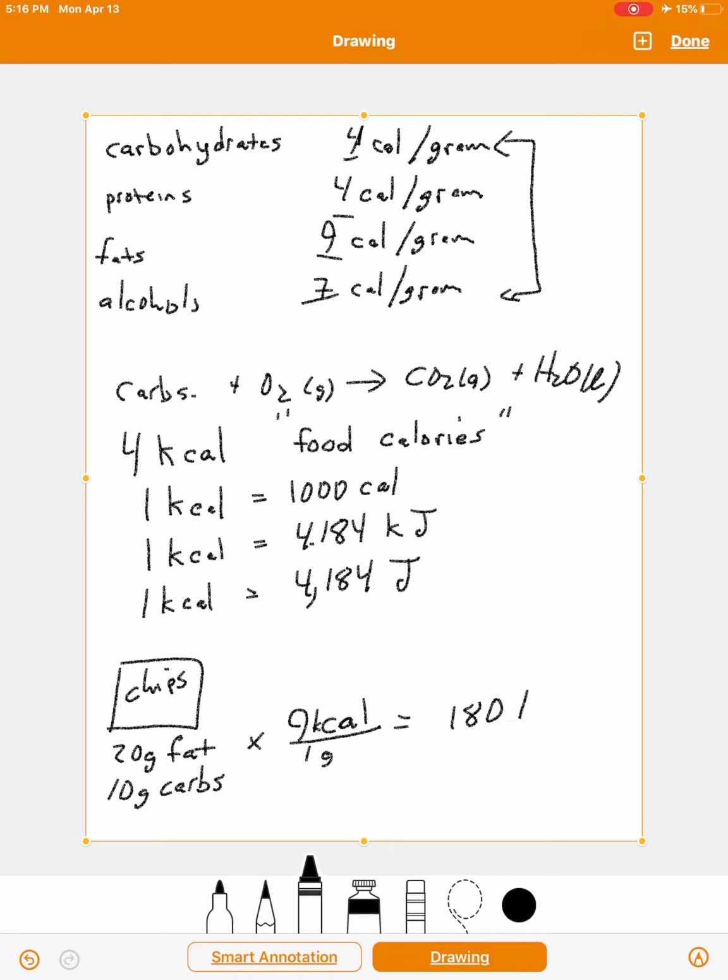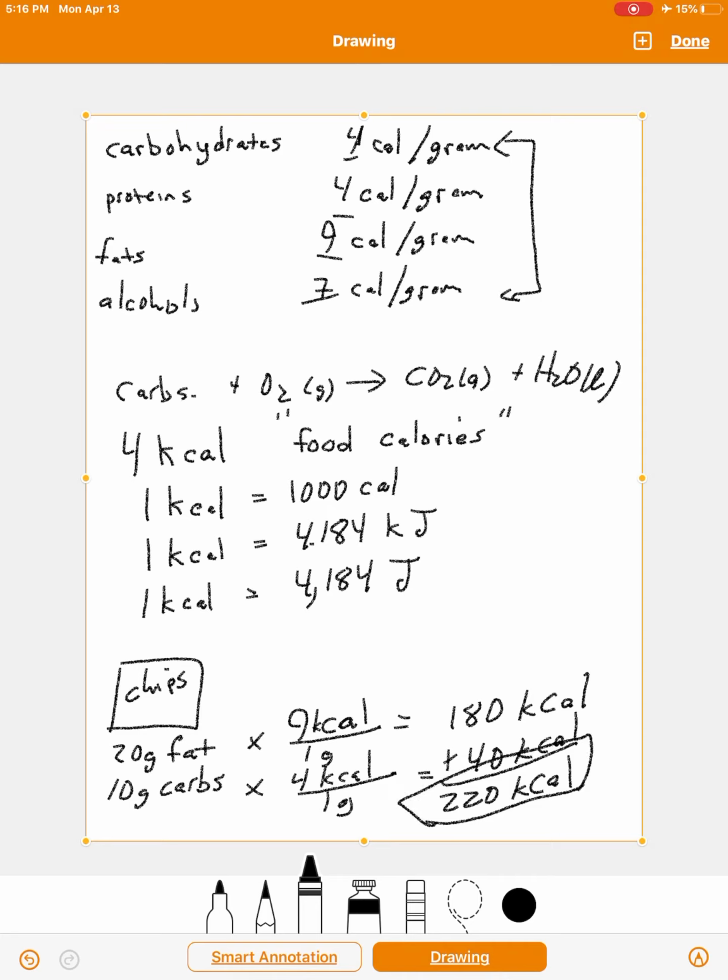And that would be 180 kilocalories. And then it has 10 grams of carbs, so that would be times 4 kilocalories per gram. And there you'd have your 40 kilocalories of energy. Add those up, and you would have 220 kilocalories.